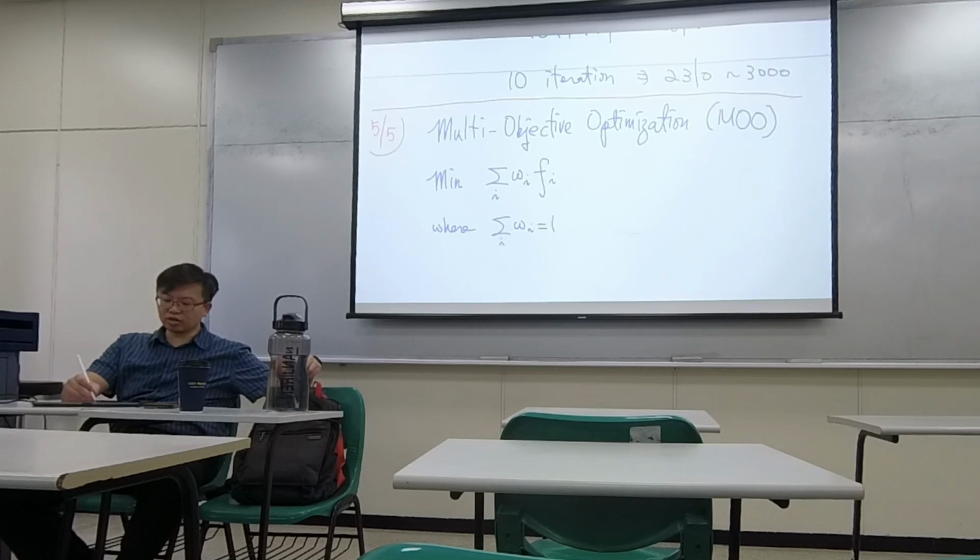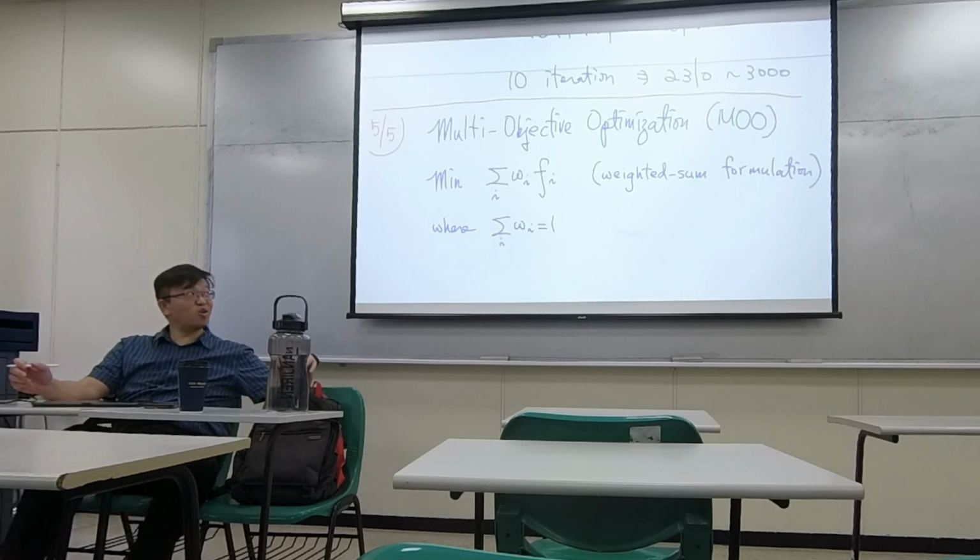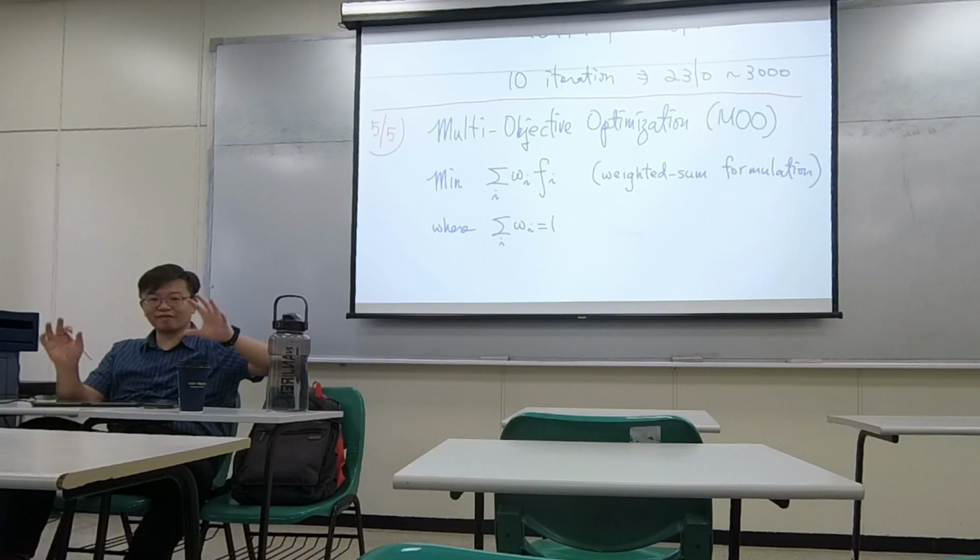So this is called a weighted sum formulation. You can minimize multiple objective functions fi at the same time, but they have different importance.